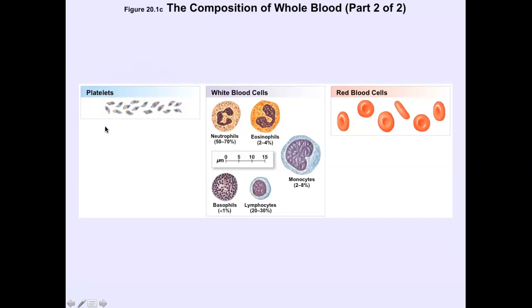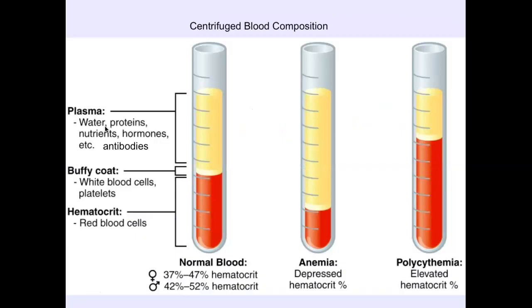So let's talk about centrifuged blood. As a health allied professional later on, you may have a job of centrifuging blood samples, which is to spin it very, very quickly. And when you do centrifuge the blood, it separates naturally into three components. The red blood cell component at the bottom is called your hematocrit.